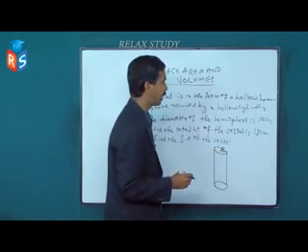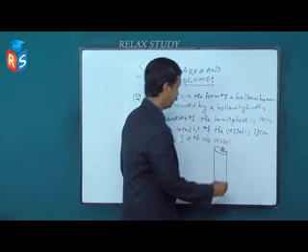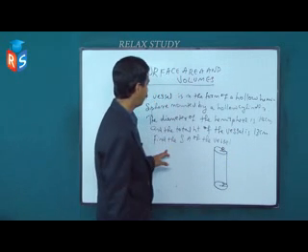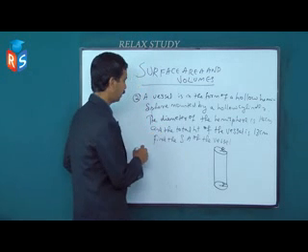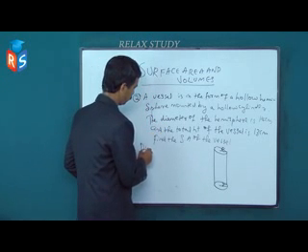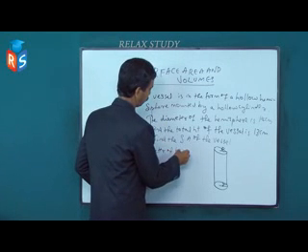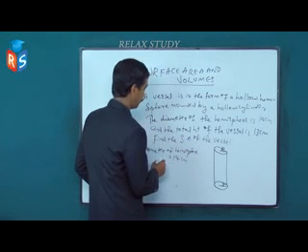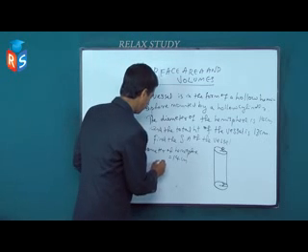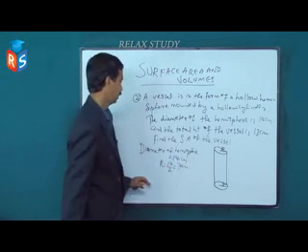This is the radius capital R and here the radius is small r. The diameter of the hemisphere is 14, so the radius is half of 14, 7 centimeter.